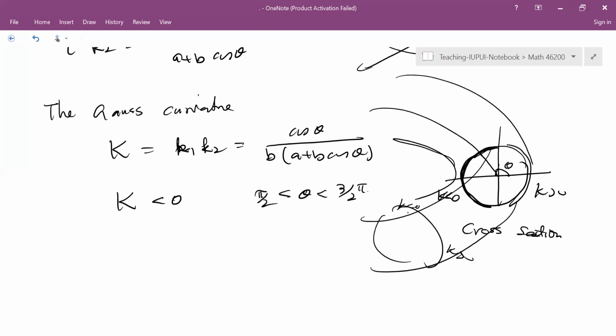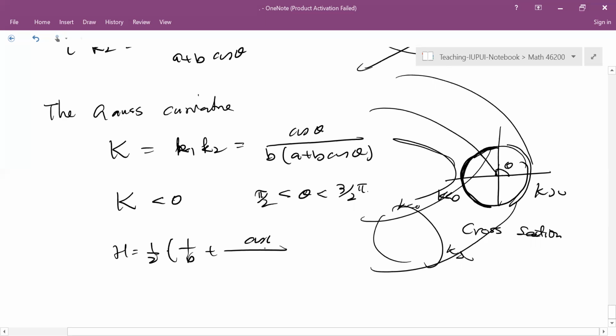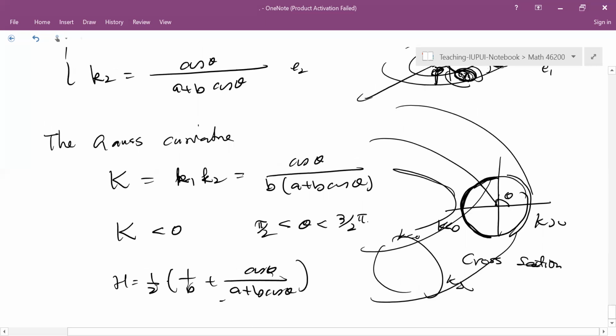And the mean curvature, we don't know whether it can be negative or not. The mean curvature is half of 1 over b plus cosine theta over a plus b cosine theta. The construction requires a plus b cosine theta to be always positive, so b cannot be too large.